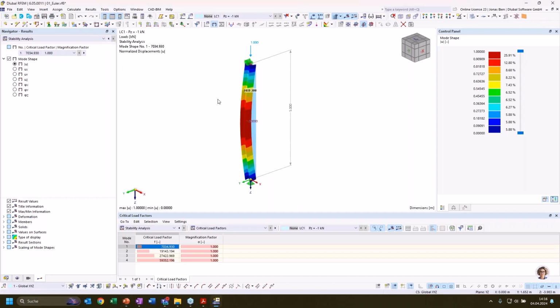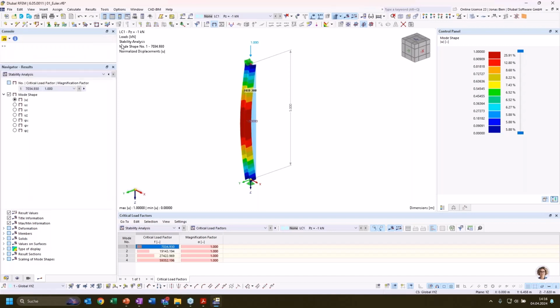And I could do that using my calculator, but then I would need to look up all the values for my section, the member length, the material properties, and so on. So I want to show you an alternative solution. We can also use the in-app console that we can open via the toolbar.